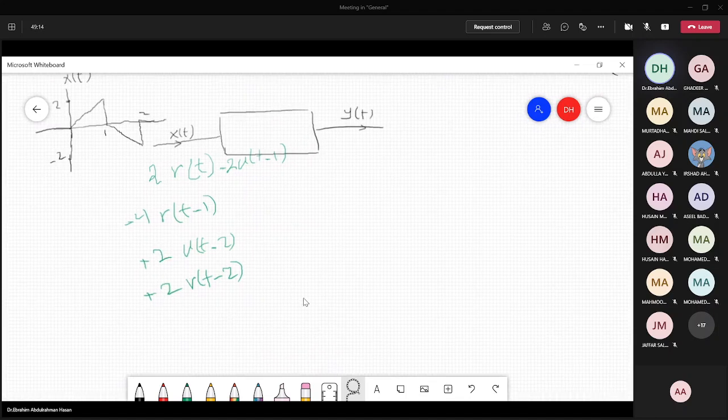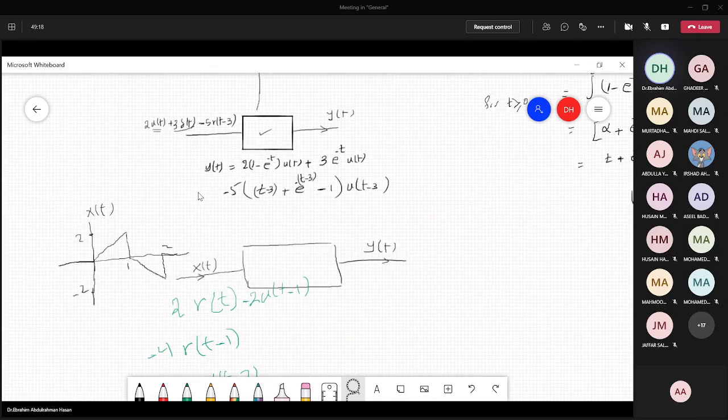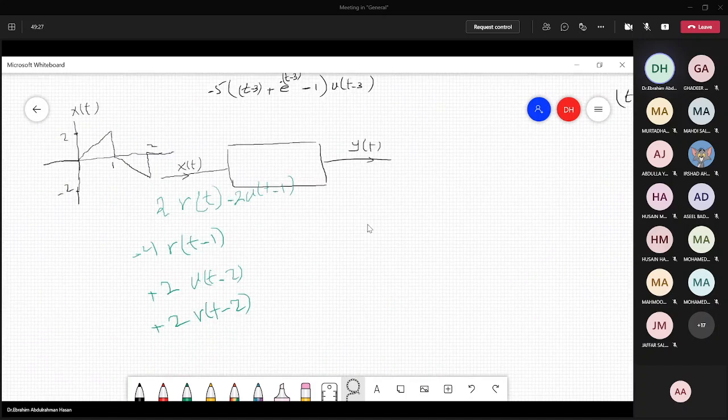So then what is the output? Apply the same thing here, apply superposition. So find the output when the input is equal to this, then this, then this, then add them together. So you will have the output.